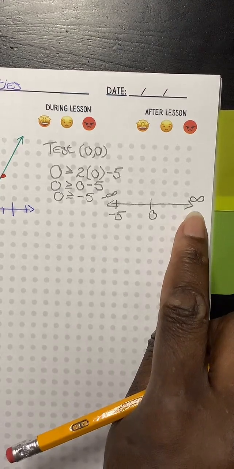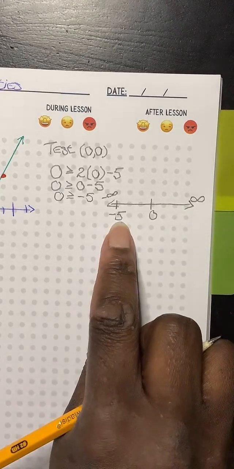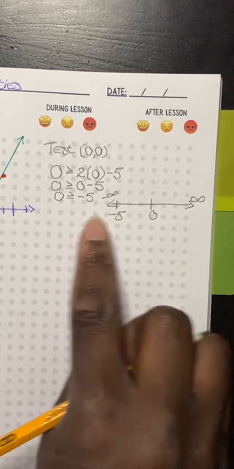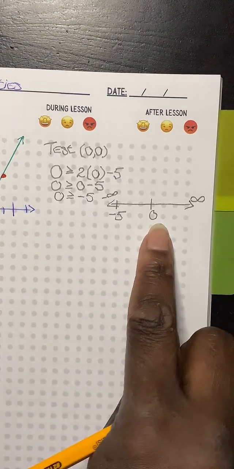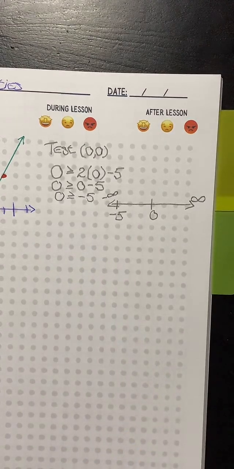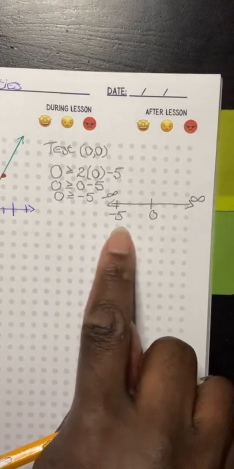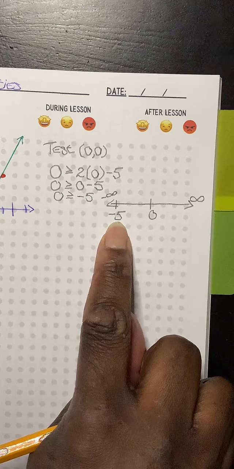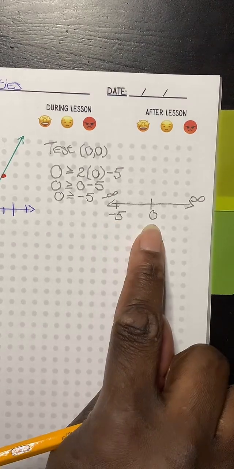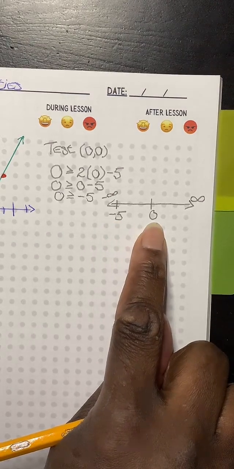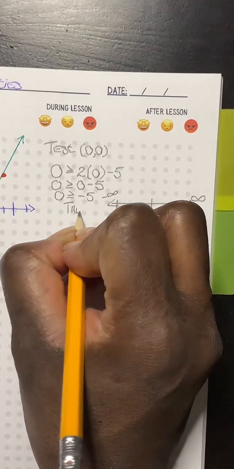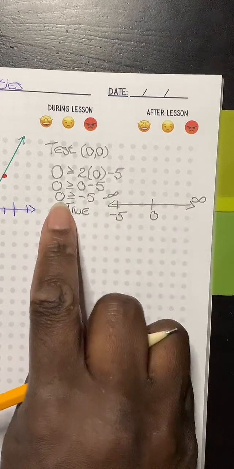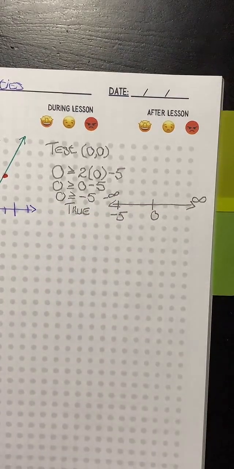This is where your larger numbers are. So -5 is closer to negative infinity, it's going in that direction. So -5 is lower than 0. Think about it: losing $5 is worse than just not having any money at all. Okay? So this is a true statement, because 0 is larger than -5.